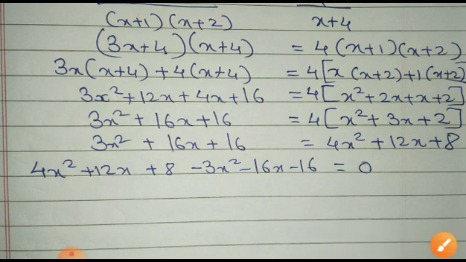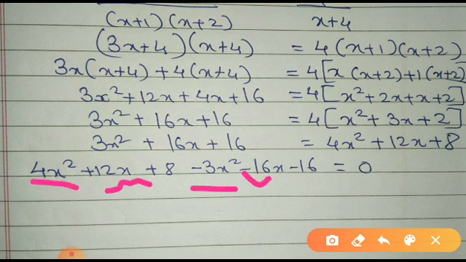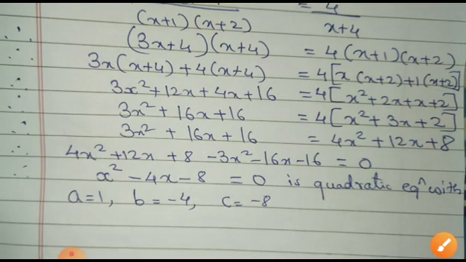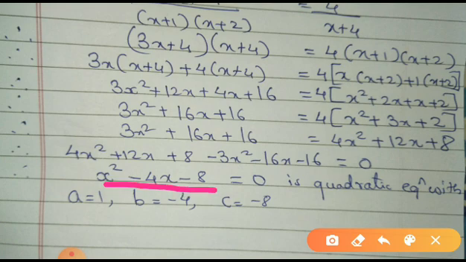Again see whether you have like terms. 4x square and minus 3x square are like terms, 12x and minus 16x, then 8 and minus 16 are like terms. So simplify it and see whether you will get x square minus 4x minus 8 equal to 0. It is a quadratic equation.